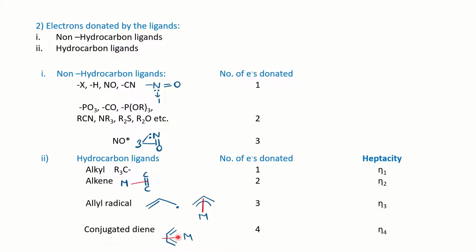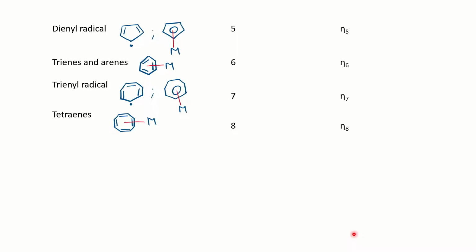For the conjugated diene, you have 2 pi bonds and the metal is bonded to this conjugated diene from the center, which means all 4 pi electrons are donated to the metal. Because of conjugation, resonance is present. With 4 electrons, eta 4 is its hapticity.